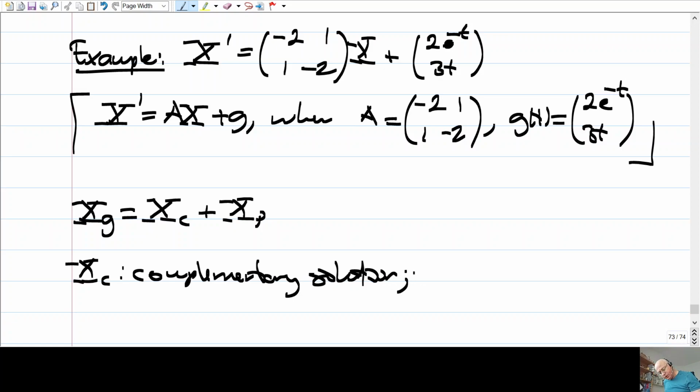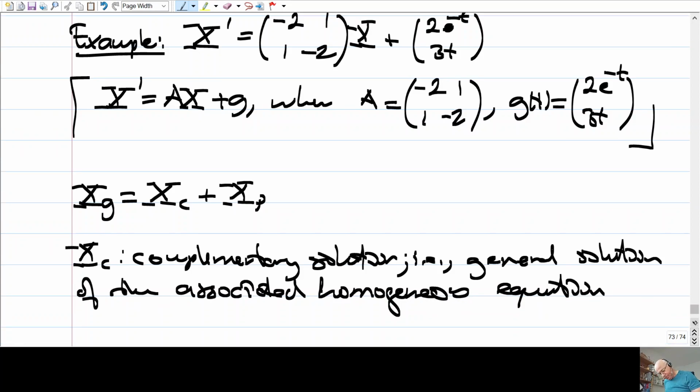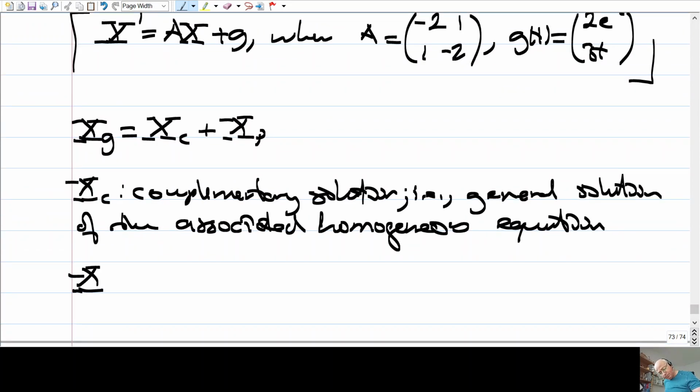In other words, it is nothing but the general solution of the associated homogeneous equation, which is just x' = Ax. And x_p is a particular solution.